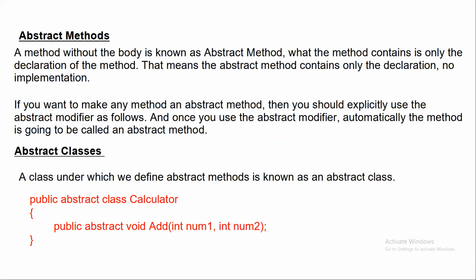And if you have at least one abstract method in your class, automatically that class has to be qualified as an abstract class. If you see here, it's adding two numbers. I don't have the function body, I just closed it here. That means I have only declared it. I did not say open brace, accept the two values, result equals num1 plus num2, and display the result. It's only the declaration. So since I have at least one abstract method, you have to declare the class also abstract.